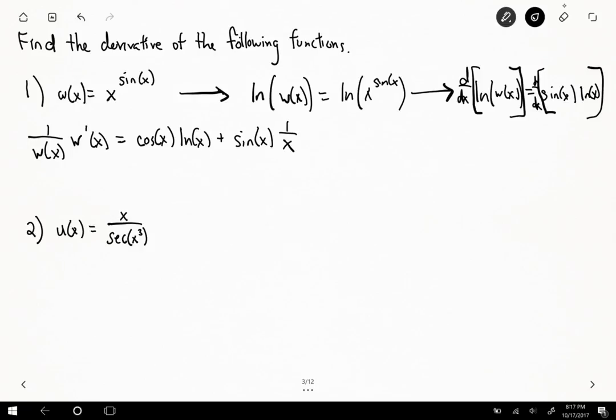Okay, now where do we go from here? Well, we try and solve for w prime of x. W prime of x equals, in order to get rid of that, we multiply w of x on both sides. Make sure you put parentheses around the remaining pieces. So you have cosine of x, natural log of x, plus, let's just make this sine of x over x.